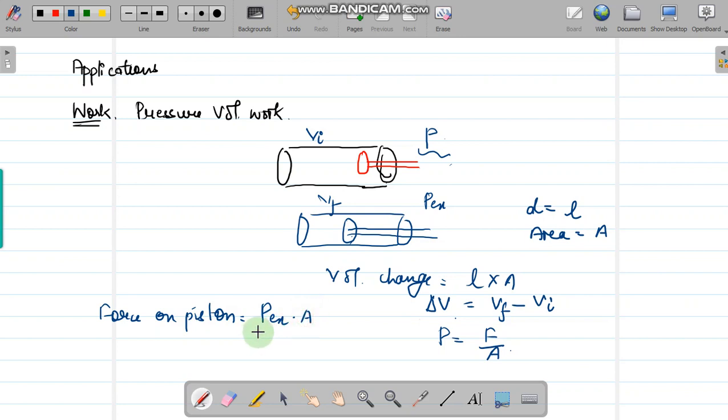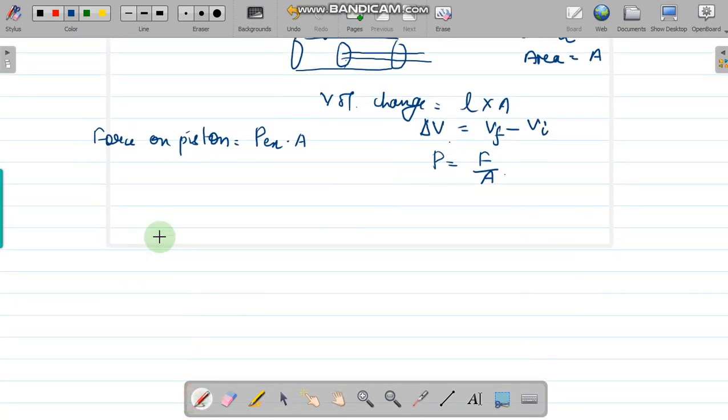Now, if work is done on the system, again I'm repeating, if work is done on the system by movement of the piston, then the work done is going to be equal to force into distance. This force we have written in this equation as P external into A into the distance.